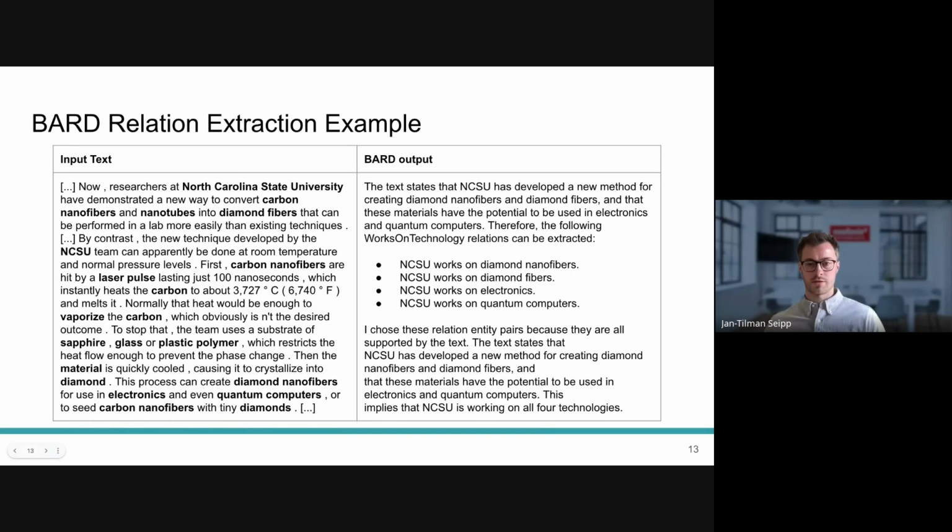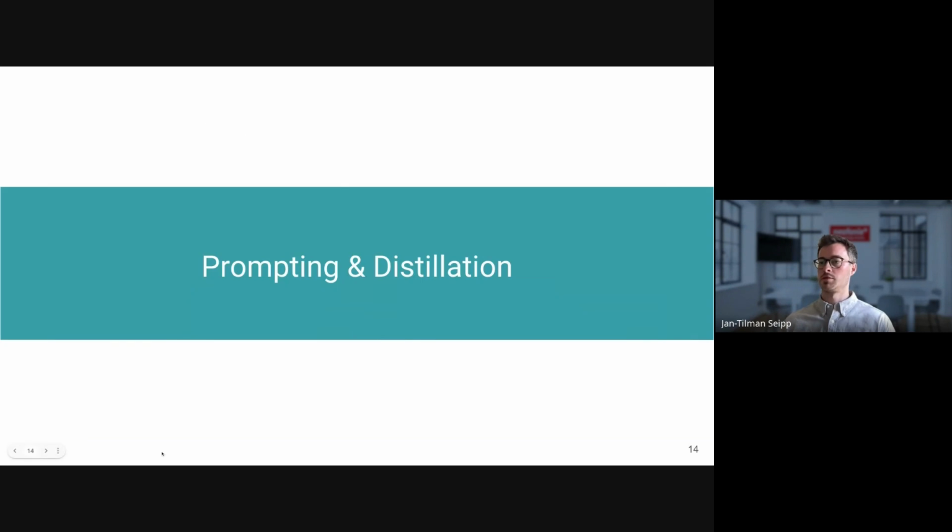Okay, awesome. Thank you, Felix and David. I'll take over and speak a bit about prompting and distillation. What is different here is that we're using large language models in a GPT style, so a generative LLM, instead of the encoder approach as it is done in the Roberta experiments.